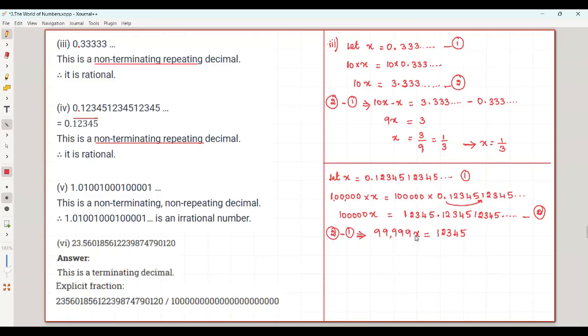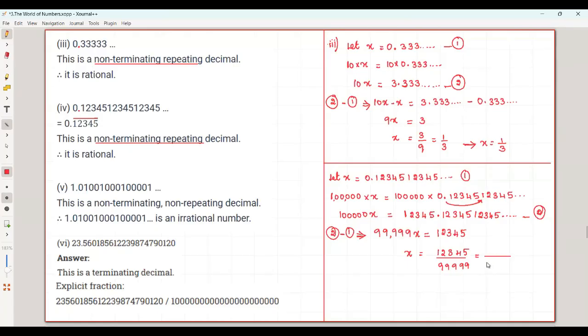Now next step, you take this number to the other side. So x is equal to 12345 divided by 99999, five nines. Now we can simplify it. Both will be divisible by 3, right?